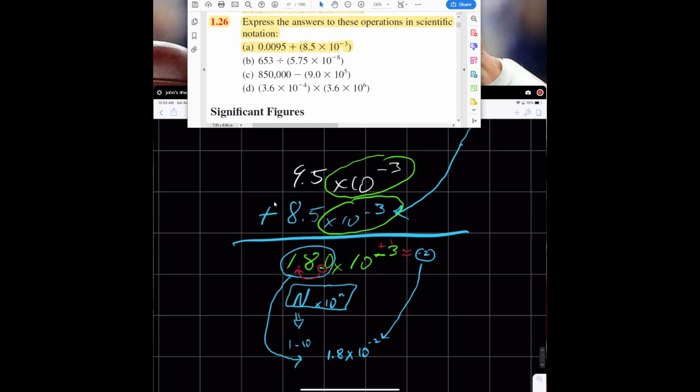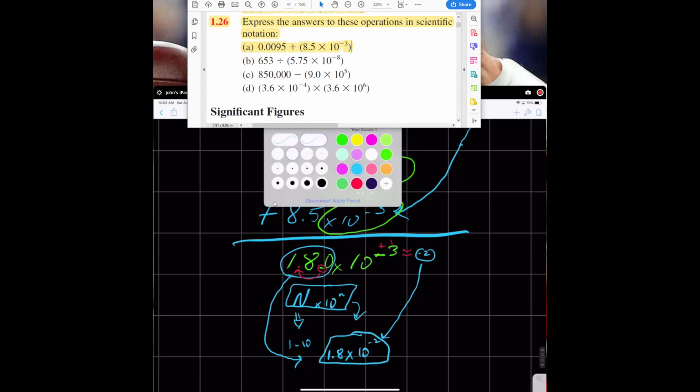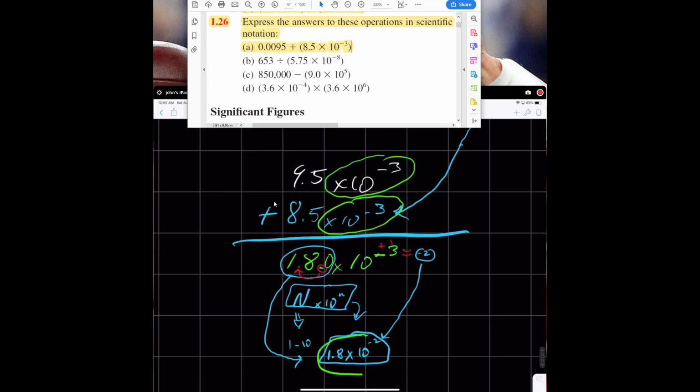Now, our standard form of scientific notation is right here. 1.8 times 10 to the minus 2 power. I'm sorry, it should be 1.80. There we go.